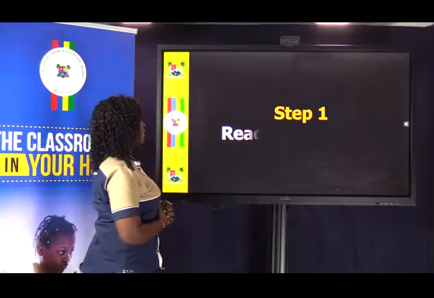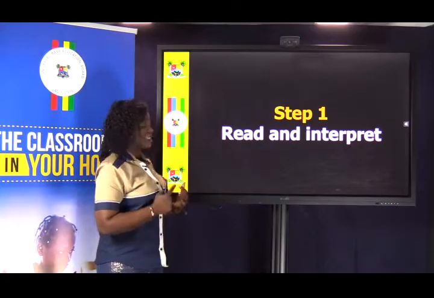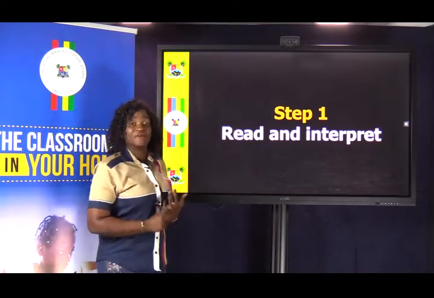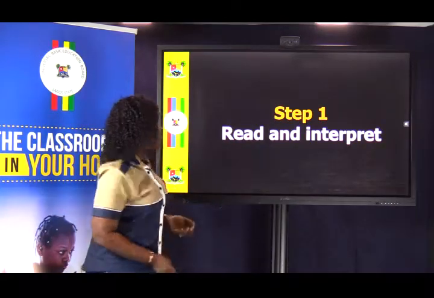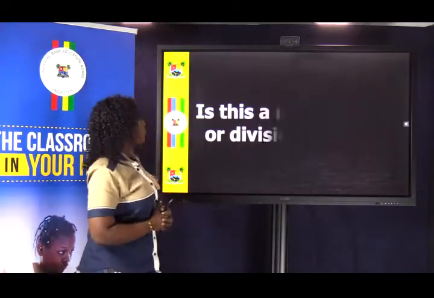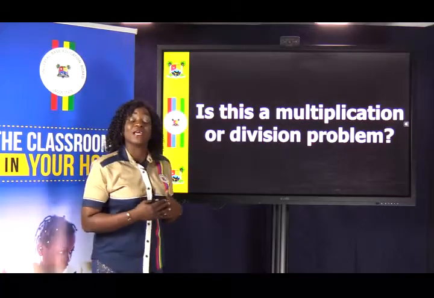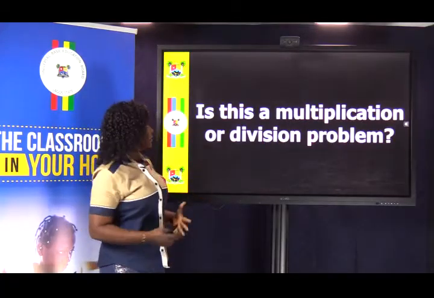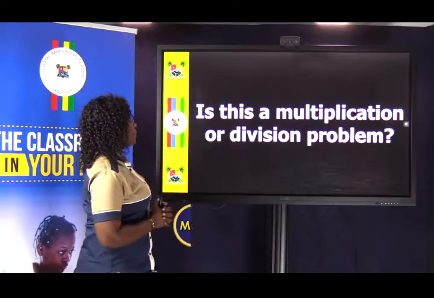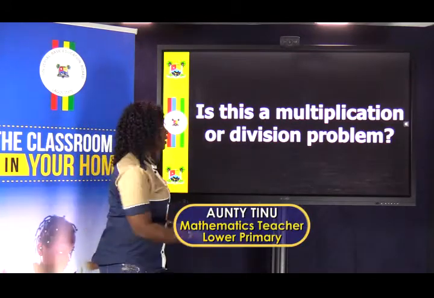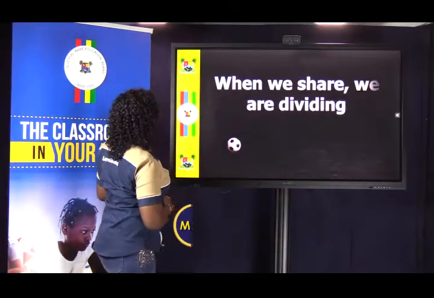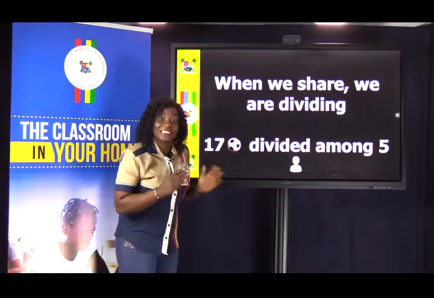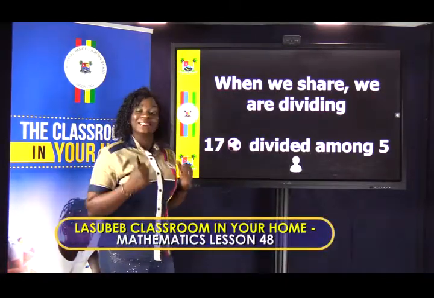Solution. Step 1, you read and interpret. We have read: 5 boys share 17 balls. Now to interpret, we need to know if we are multiplying or dividing. Is this a multiplication or division problem? How do we know? When we share, we are dividing.